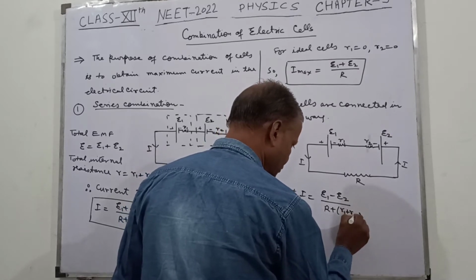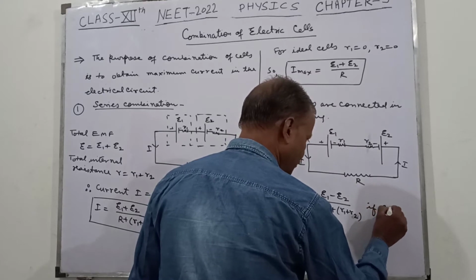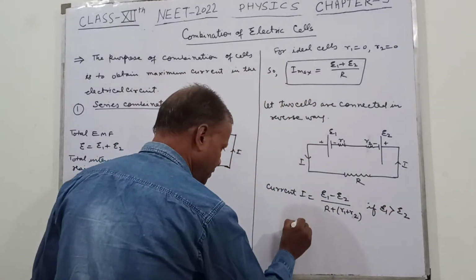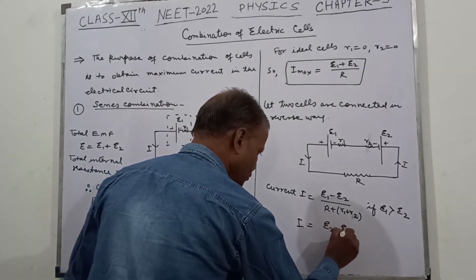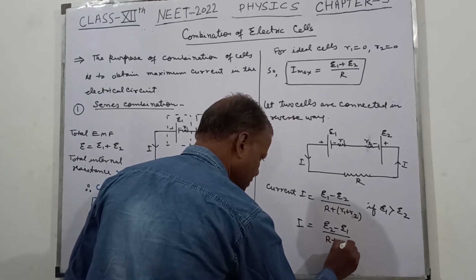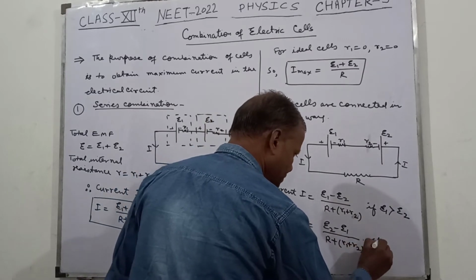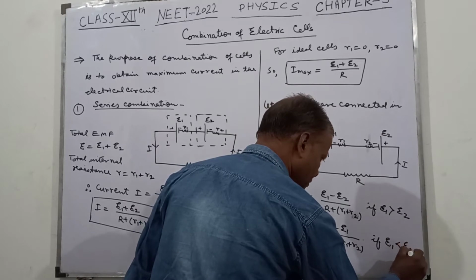If E1 greater than E2, and this I is equal to E2 minus E1 upon R plus R1 plus R2, if E1 less than E2.